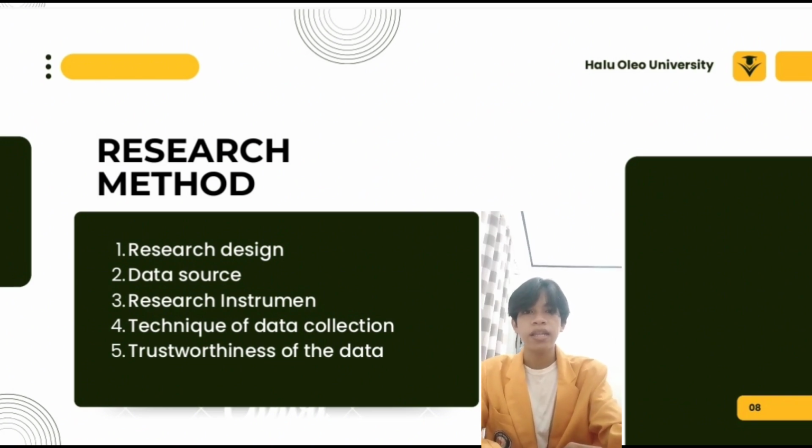Next is the research data. In my research, I used sixth semester English language education students at Halu Oleo University, class of 2023.